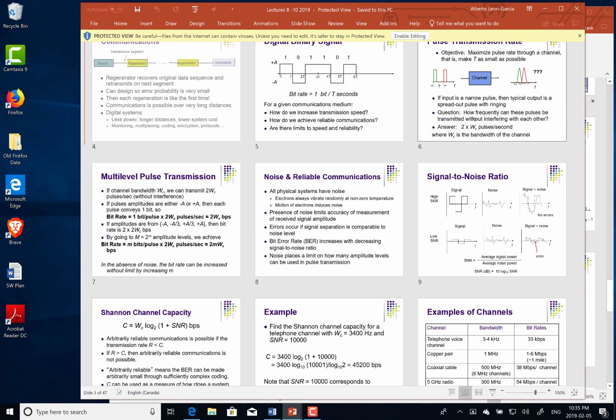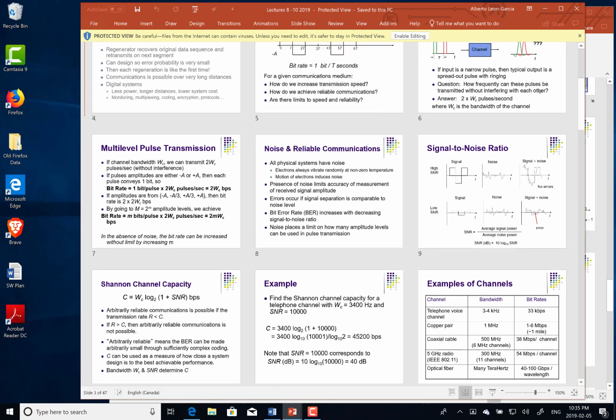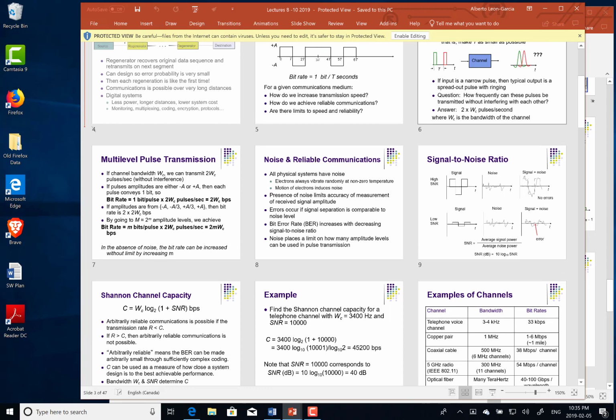We talked about limits in terms of how fast you can communicate across a channel that has bandwidth W hertz, and it's 2W pulses per second. But the number of bits that you can transmit has to do with how many levels of these pulses you use. So if you use 2 to the M levels, you transmit M bits per pulse, and so you get 2WM bits per second.